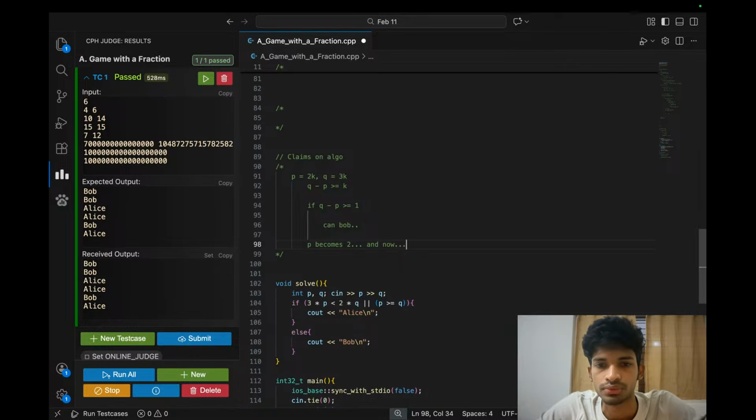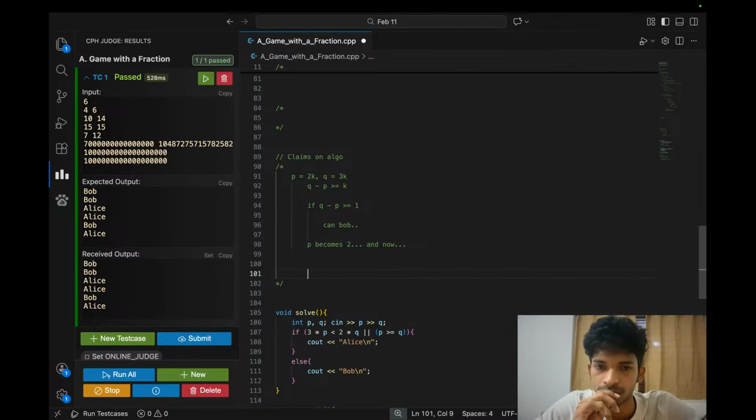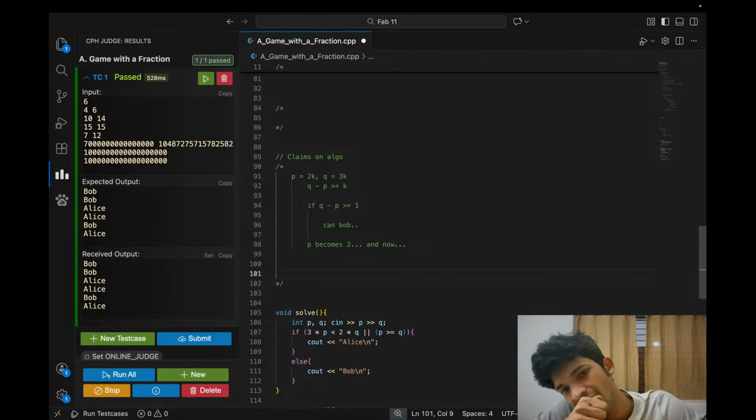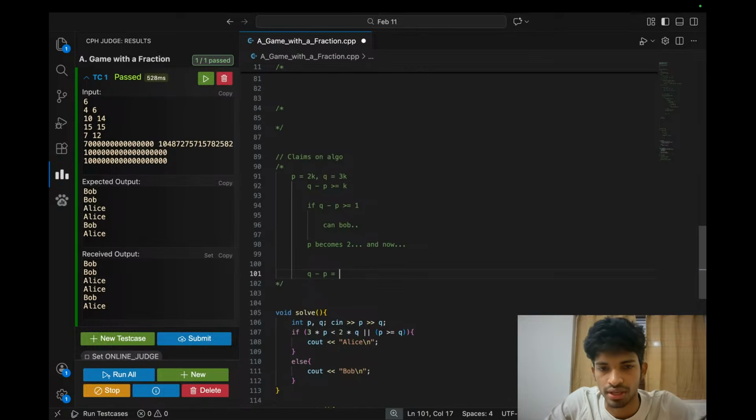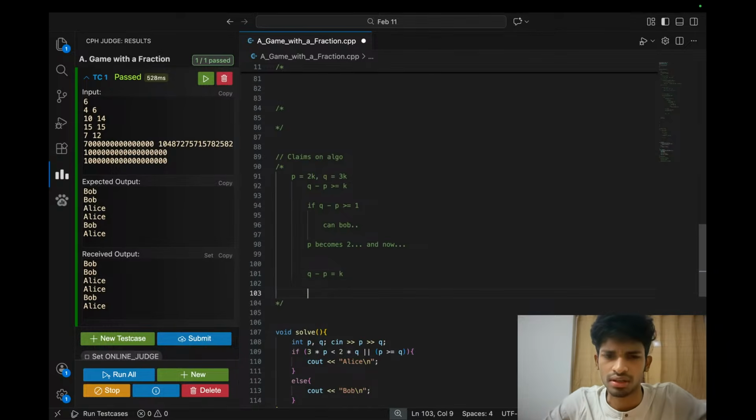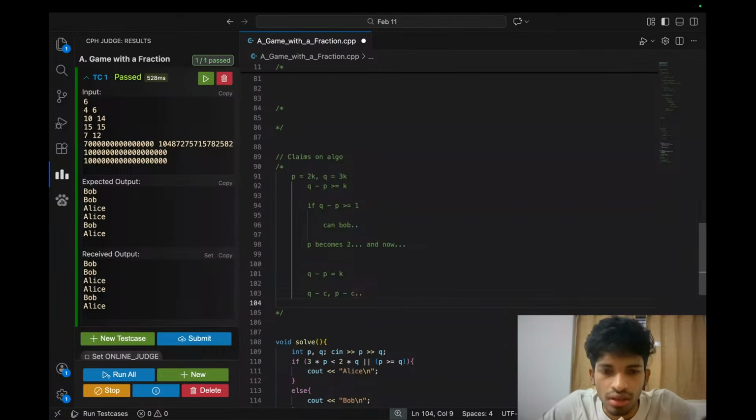And now, let Q minus P equal K initially. And then they have done Q minus C, P minus C. Okay? Whatever Alice has done, Bob has done minus the same value.